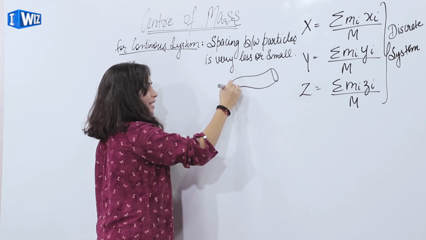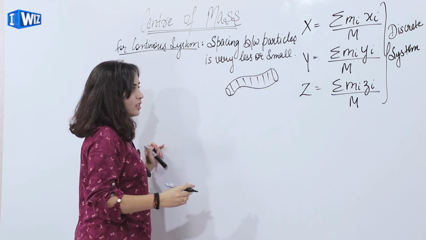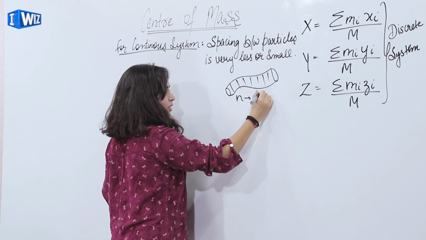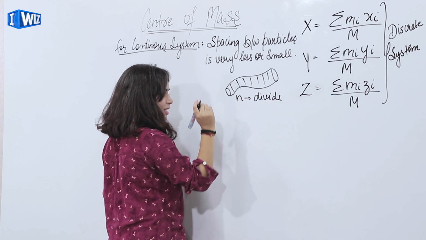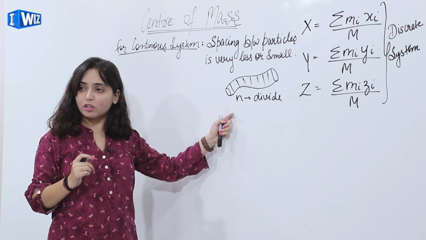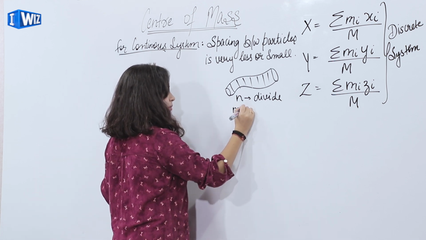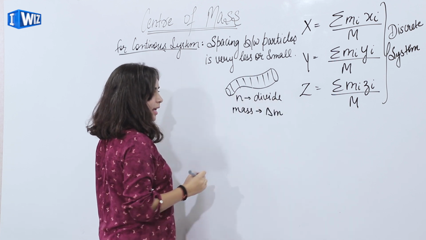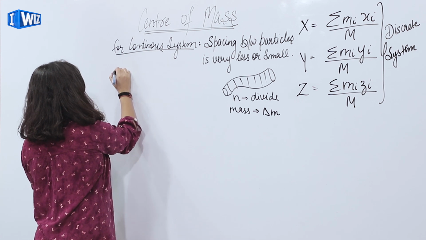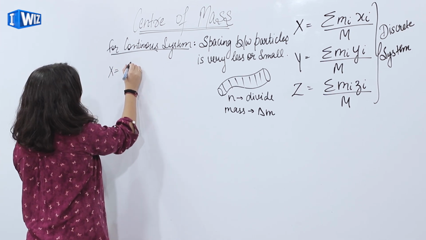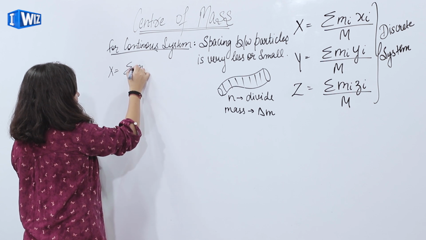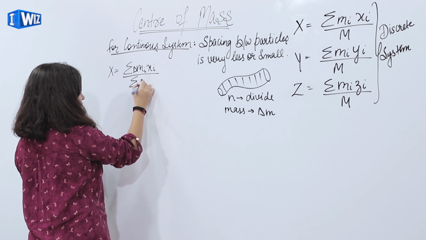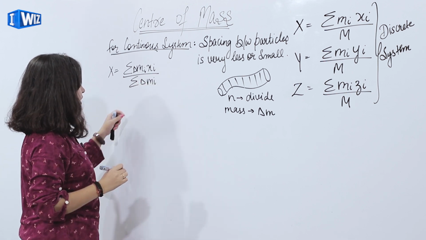What we'll do is divide this into n parts, and each has a mass of delta m. How much mass will each element have? Delta m. So for the x coordinate, we can write summation of delta mi xi upon summation of delta mi.